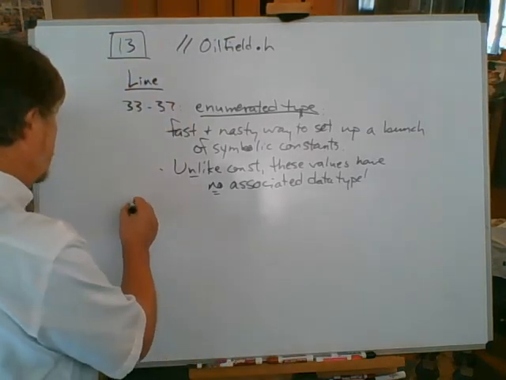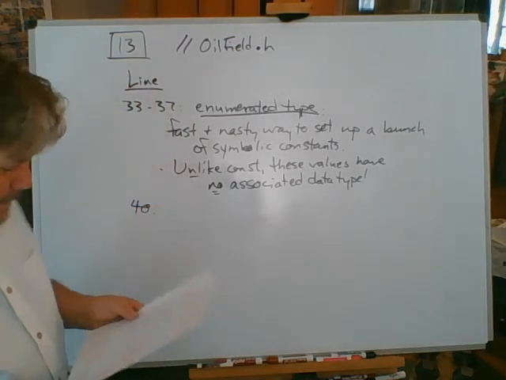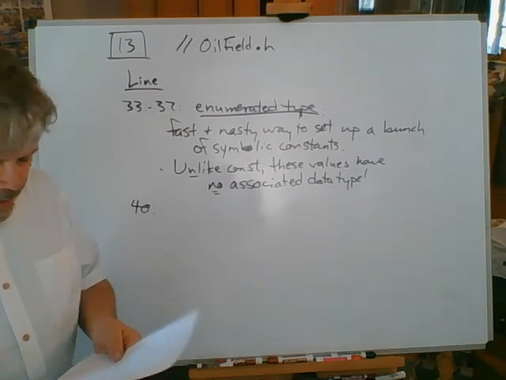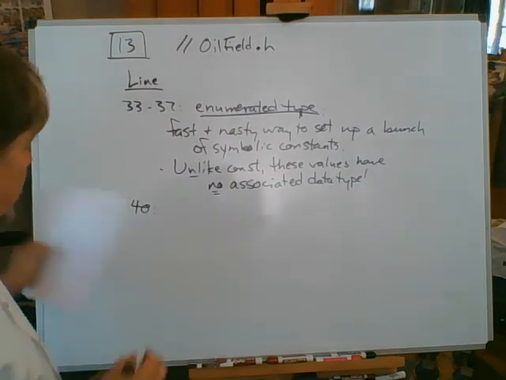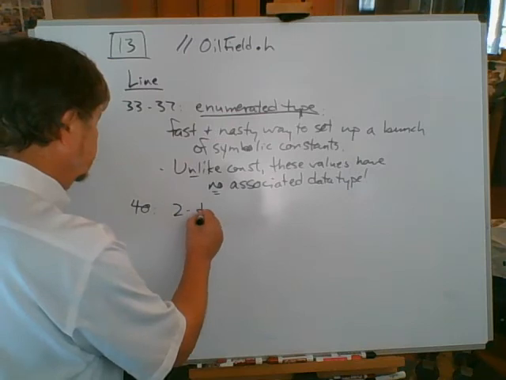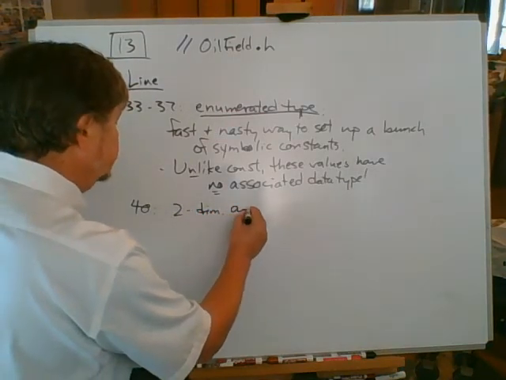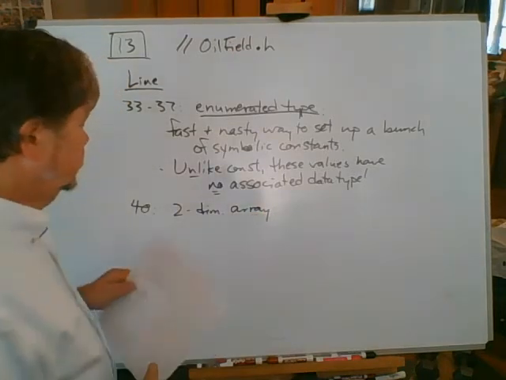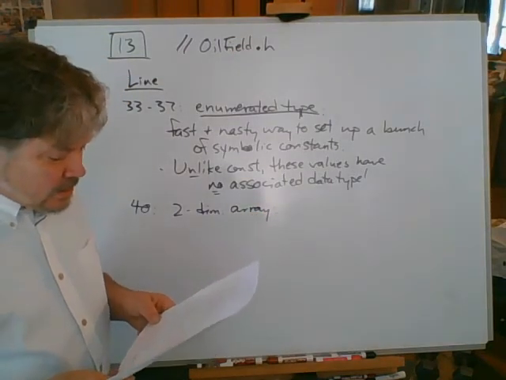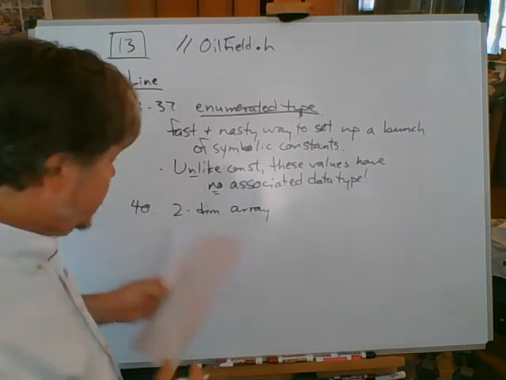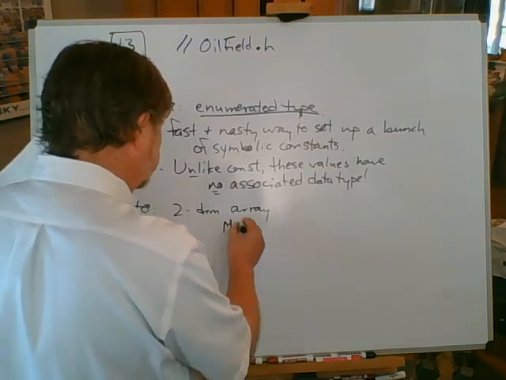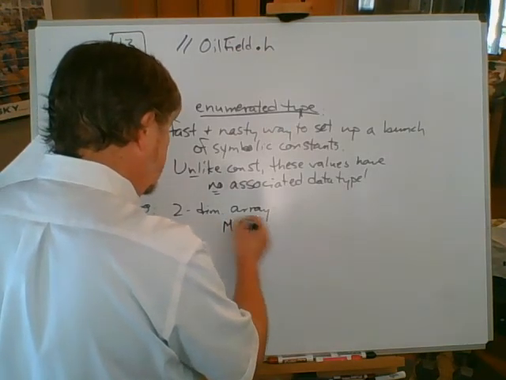How about line 40? Line 40. That's a 2-dimensional array. Can't spell dimensional. 2-dim array. And max height, we just now saw that. That's 100. Max height is the number of rows in our 2-dimensional array.